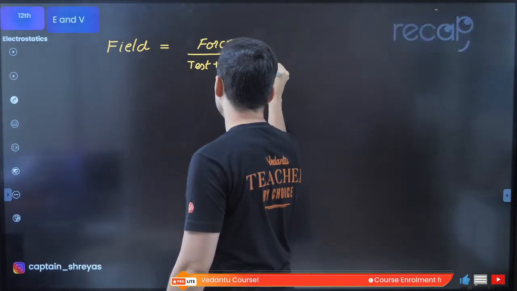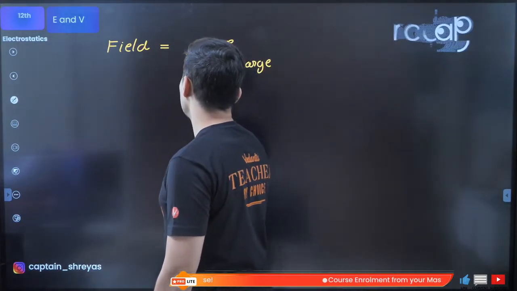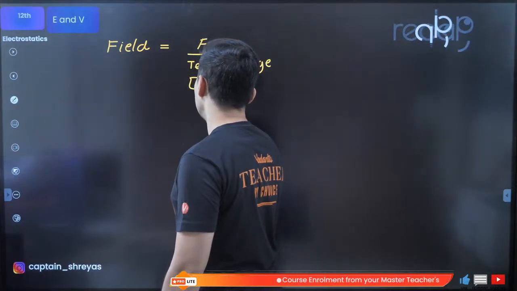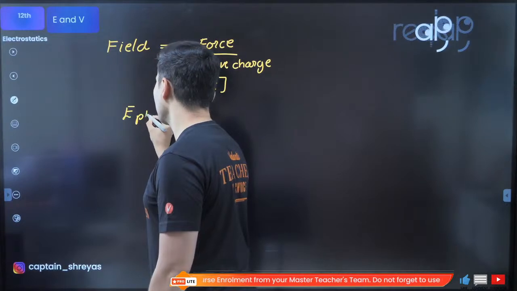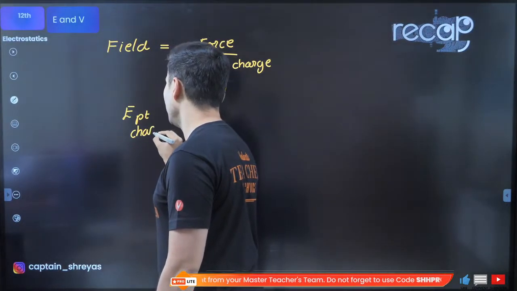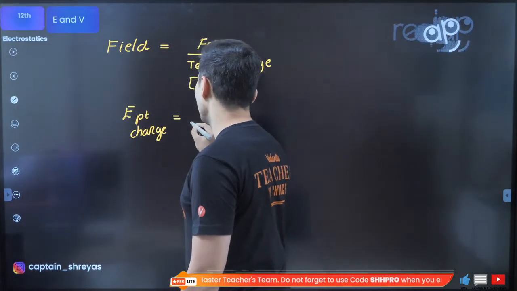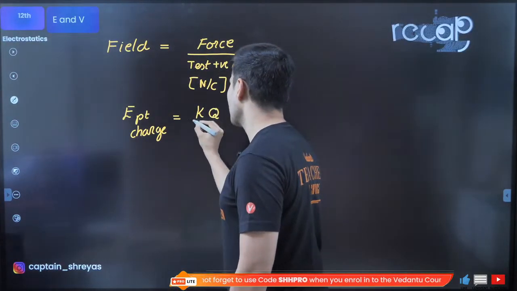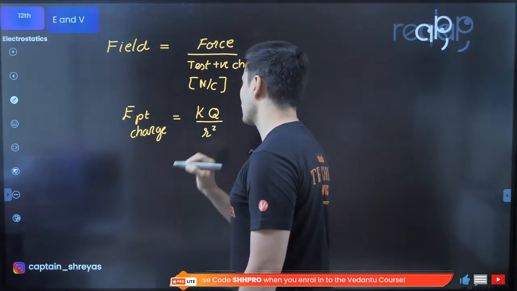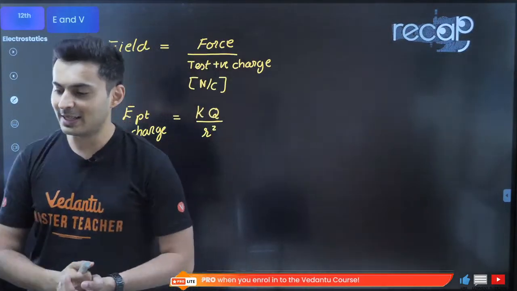This is how the field has been defined, and the unit of field is Newton per Coulomb, if you recollect. And the field due to a point charge is just given by K, which is your 1 by 4 pi epsilon naught, and then you have the charge value divided by the distance square, right? I hope everybody remembers this.